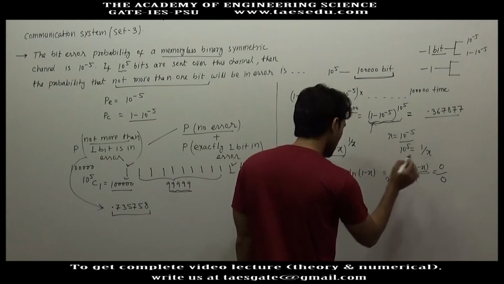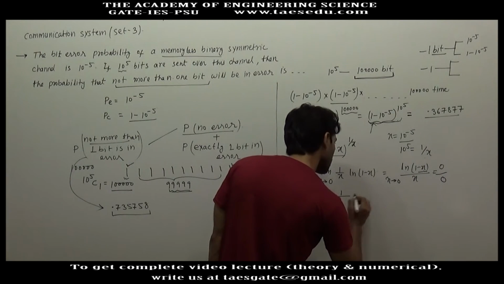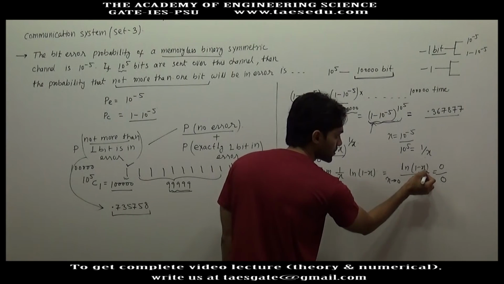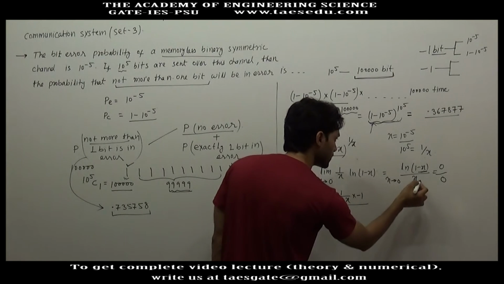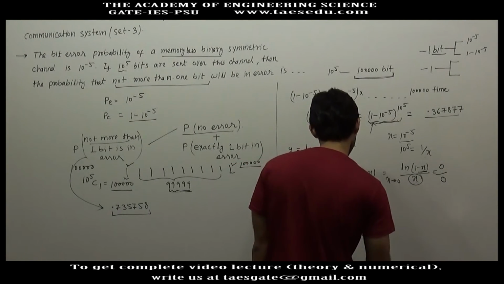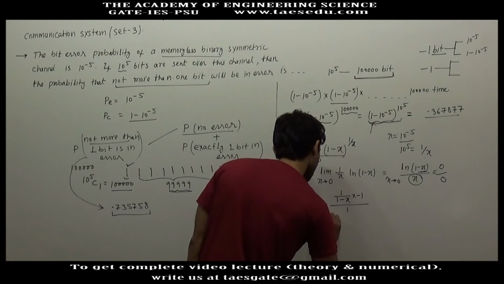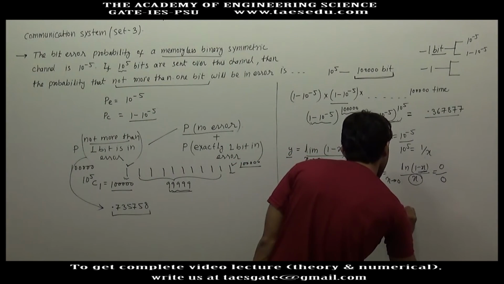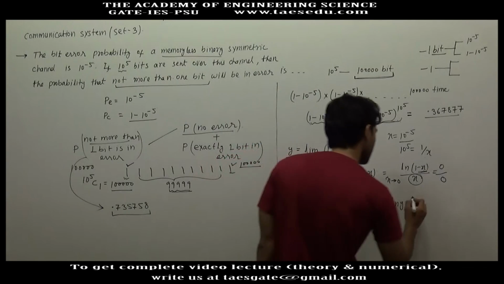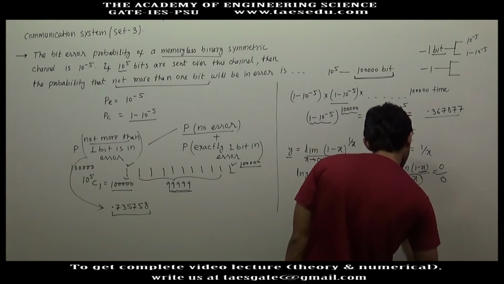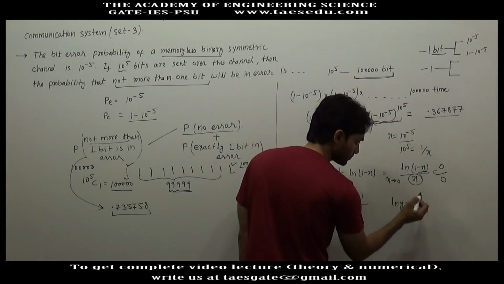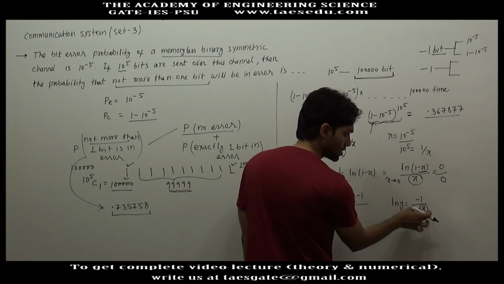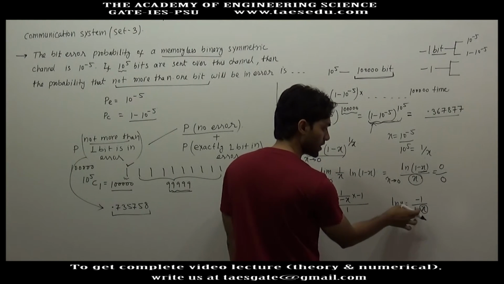So if you differentiate it, you will get differentiation of ln will be 1 upon 1 minus x, and differentiation of minus x will give you minus 1, divided by differentiation of x which is 1, and again limit x tends to 0. So ln y will be minus 1 divided by 1 minus x, x tends to 0. Now if x tends to 0, this is a very small quantity, so this x will be neglected in front of 1.